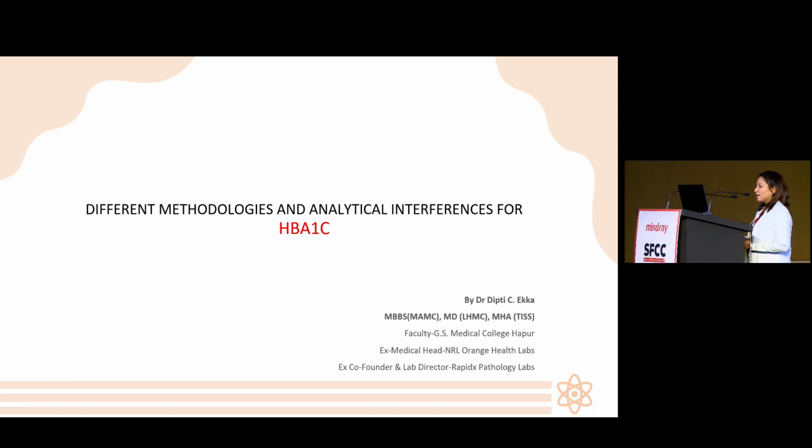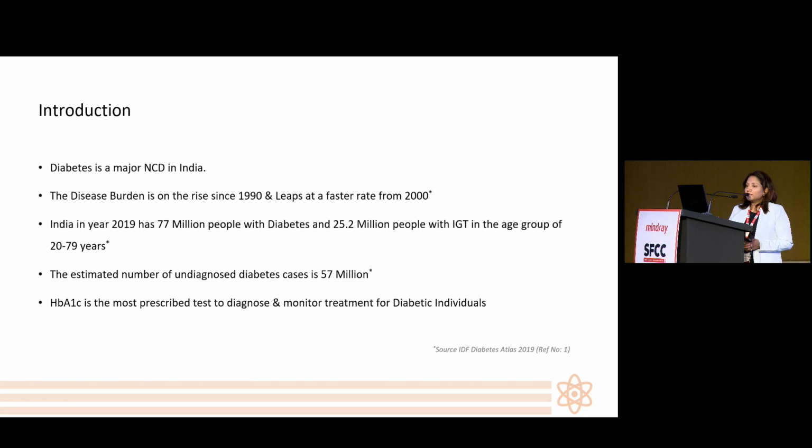So, the topic on which I'll be speaking is the different methodologies and analytical interferences for HbA1c. Now, diabetes is a major non-communicable disease in India, and it contributes enormously to the mortality, morbidity, as well as the health cost.